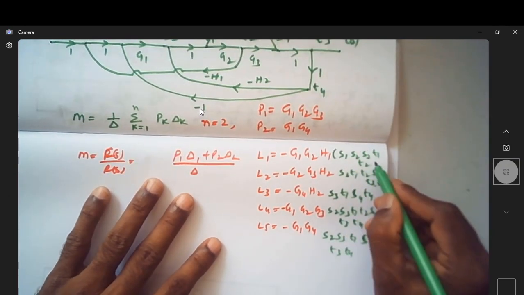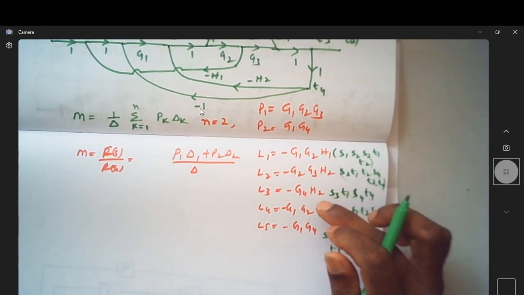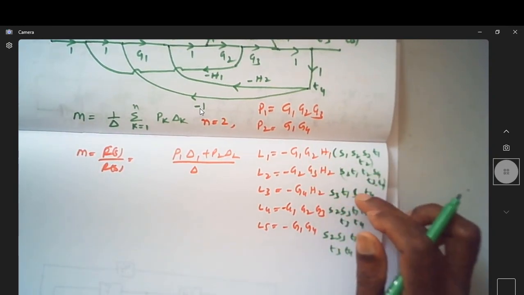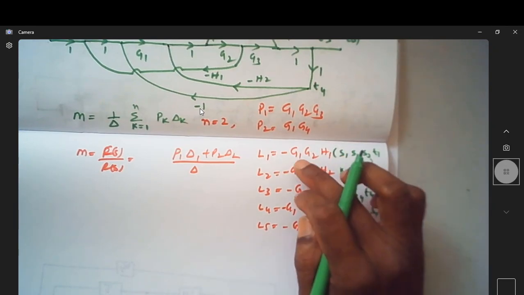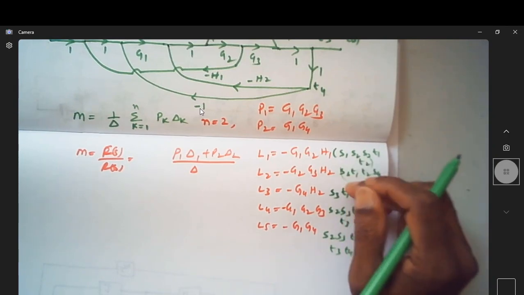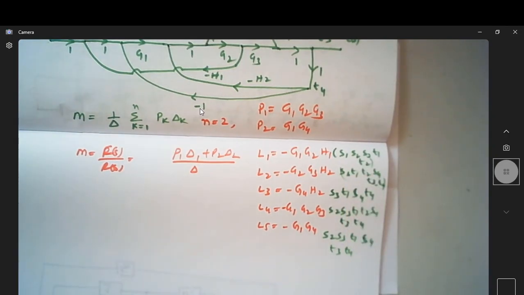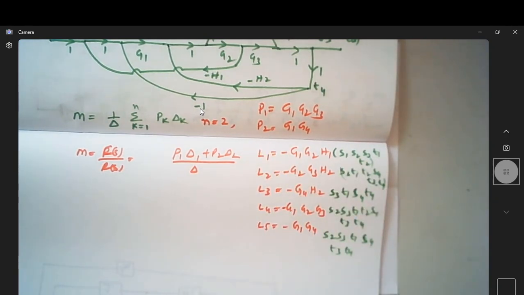If you can see these nodes, none of the two loops have exclusive nodes. So they always have one node or the other in common. Since all the loops have one node or the other which is associated with another loop, these loops touch each other.